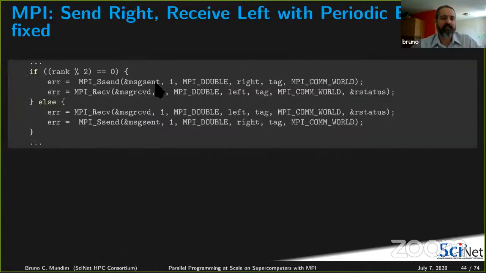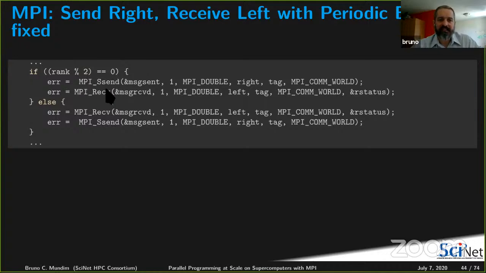So the modification in the code is quite simple. First, you decide if you're even or if you're odd. If you're even, you're going to send a message, 1 double to the right. And if you're odd, you're going to be receiving a message, 1 double from the left. So at the time of sending, this MPI receive here is paired with this MPI send here.